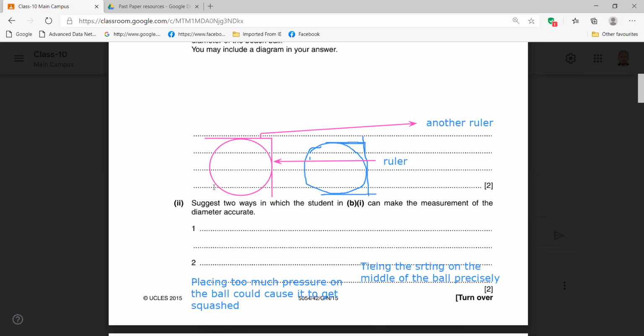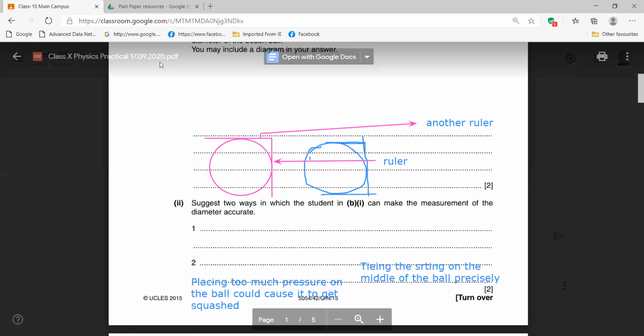Yes, the diameter he can make accurate. Already you got some ideas, right? Now we have to give two ways. What are the two ways to make the diameter accurate? So that there will be no parallax error.